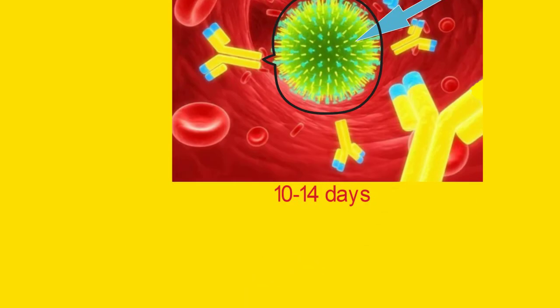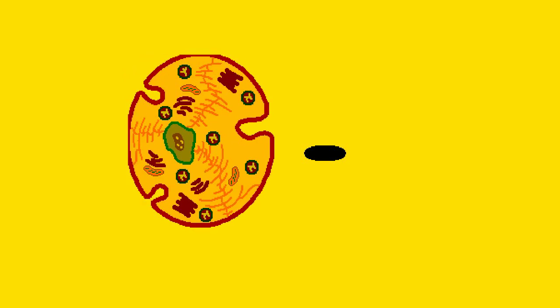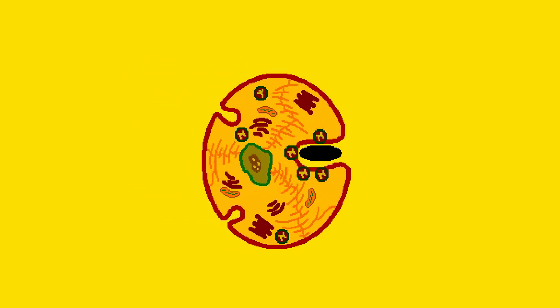The main tools of adaptive immunity are antibodies, gamma globulins. Their main task is to stick to foreign molecules. Using antibodies, phagocytes can recognize the foreign molecules and attack them. Antibodies also activate the complement system.